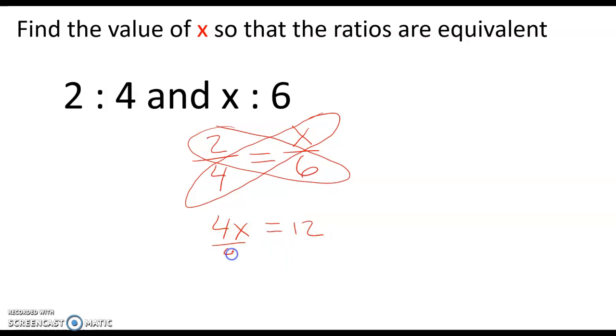Then I divide both sides by 4, and I get x equals 12 divided by 4, which is 3. Remember, if I'm going too fast, you can always pause the video, work it out before I do, and see if you get the answer.